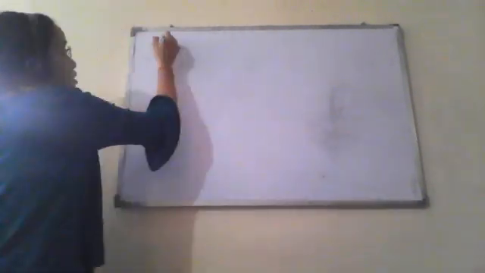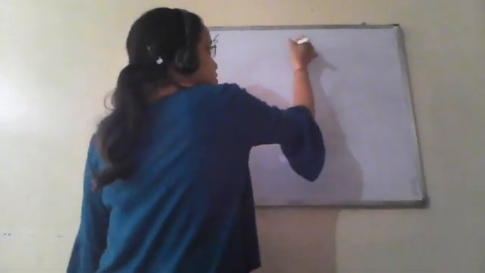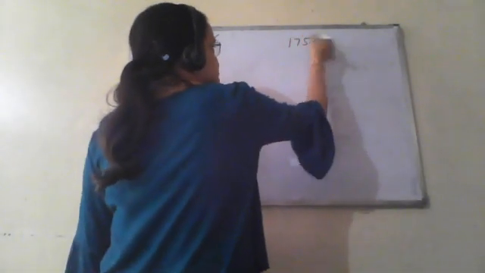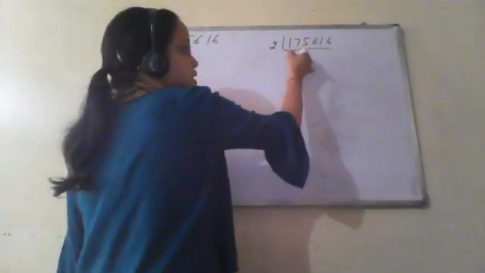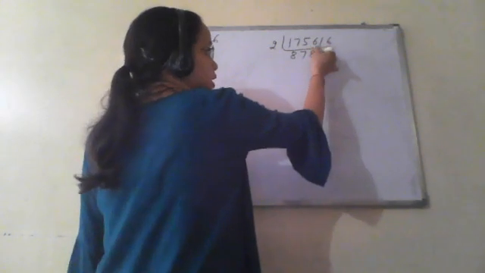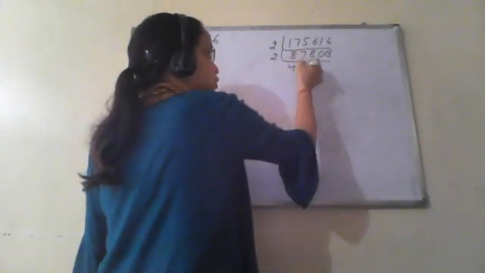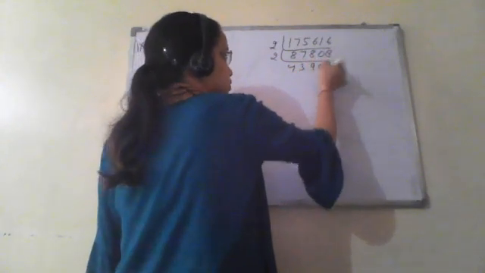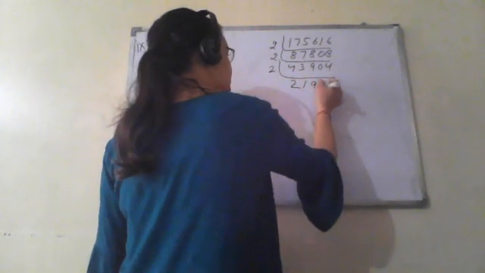9th part is 175616. Sorry, this is 175616. This is your 9th part of question number 1. So this is 175616. Prime factors of the same. So it is 87808. Okay. This is 43904, and this is 21952.